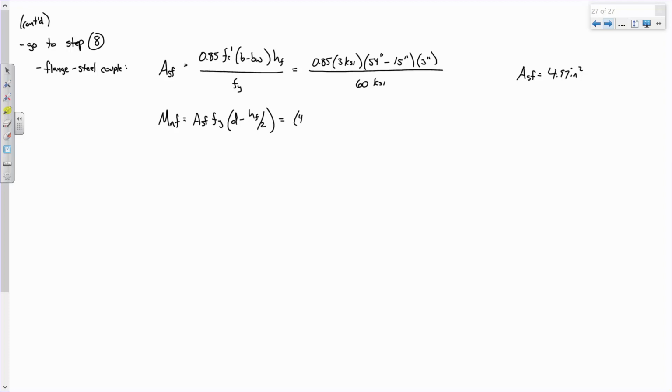So, 4.97 square inches, 60 KSI, and then 24 inches minus 3 over 2. And let's go ahead and leave that in inch kips, okay?